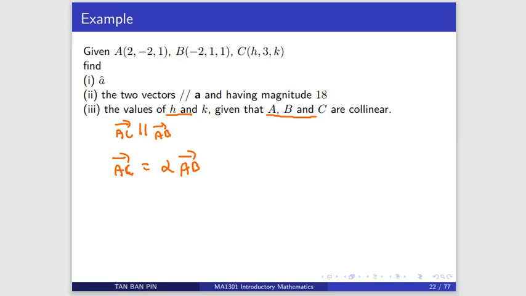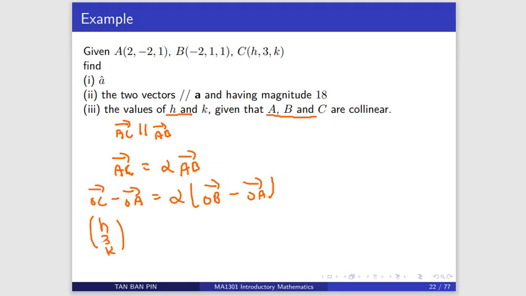Vector AC is vector OC minus vector OA, then equals alpha times (vector OB minus vector OA). OC is (h, 3, k). OA is given to be (2, -2, 1). OB is (-2, 1, 1).